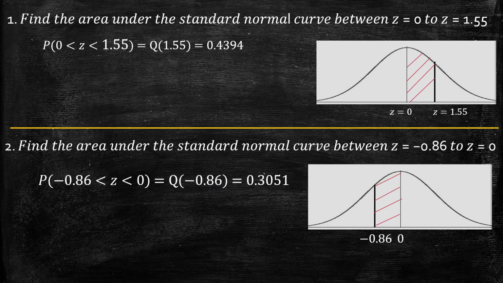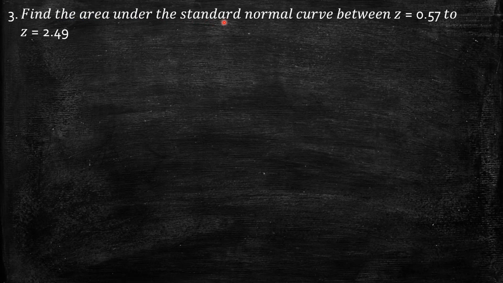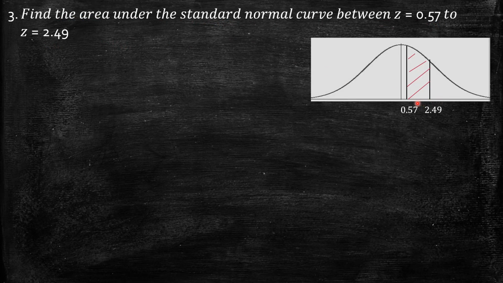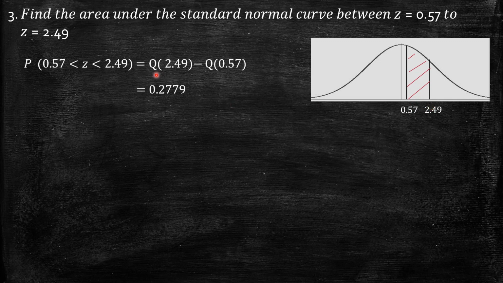Let me take one more problem: find the area under the standard normal curve between z equal to 0.57 to z equal to 2.49. So we need this area, from 0.57 to 2.49. If you are using the standard normal table, the area from 0 to 2.49, that is A of 2.49, minus the area from 0 to 0.57, A of 0.57, gives the area between 0.57 and 2.49. Using the calculator, it is Q of 2.49 minus Q of 0.57.